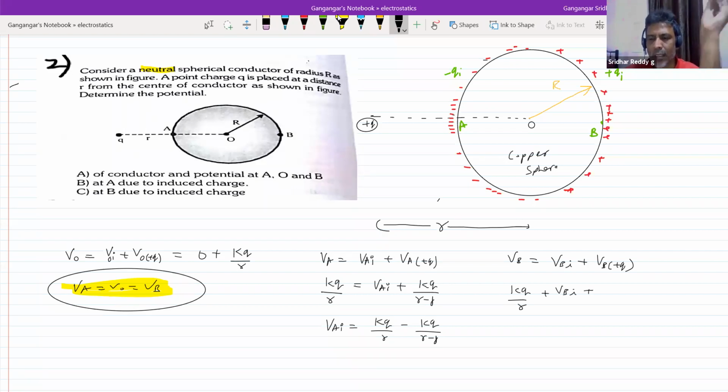So write VB as it is. Potential at B due to point charge is kQ by D plus R. So therefore VBI equals kQ by D minus kQ by D plus R.